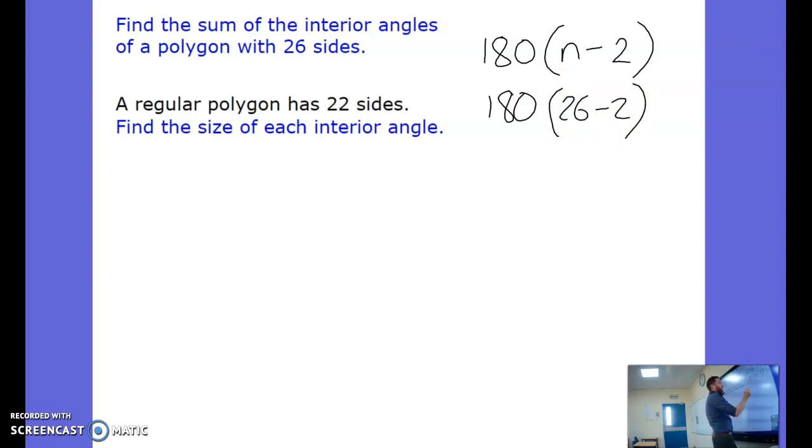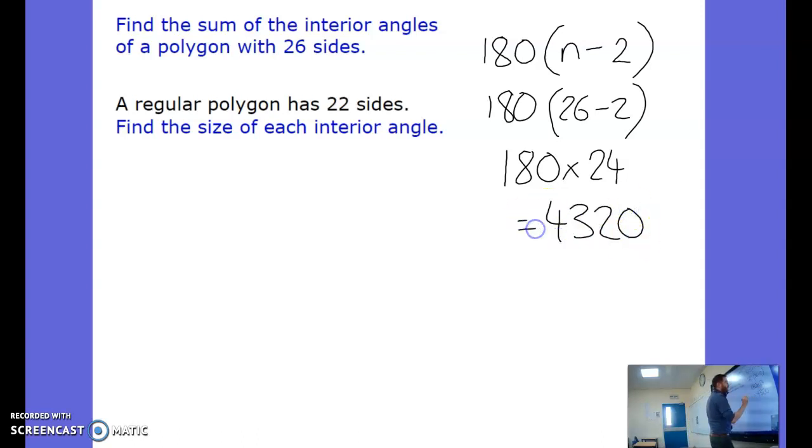And that is going to be 180 times 24. And 180 times 24, I think, is 4,320. I didn't do that in my head, I wrote it down earlier. And that is the sum of the interior angles of a 26-sided shape.